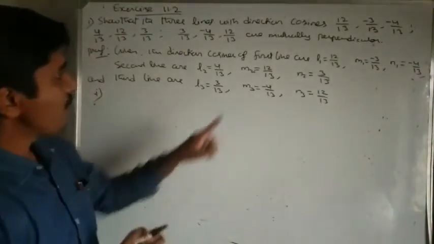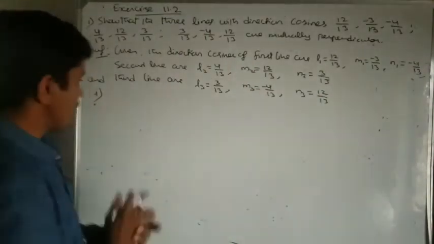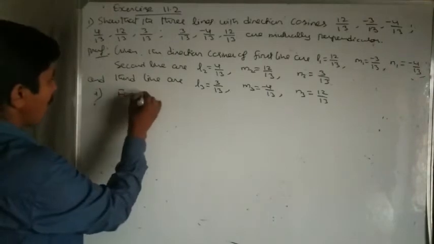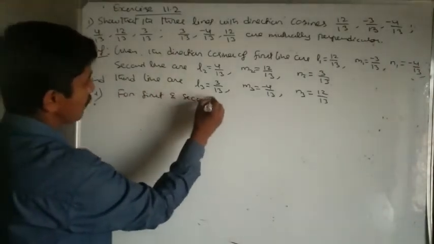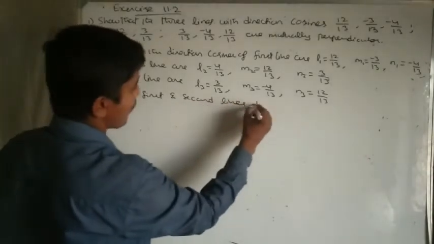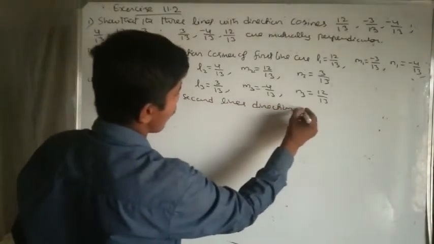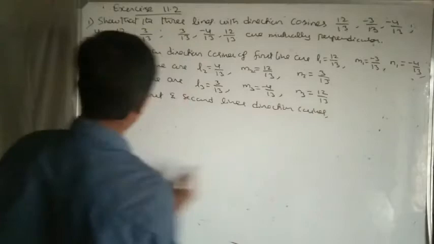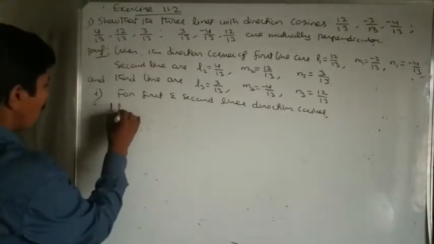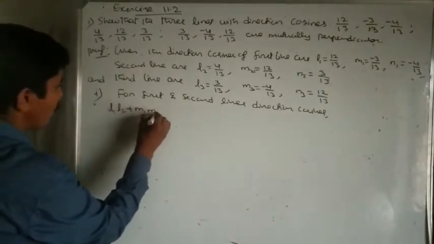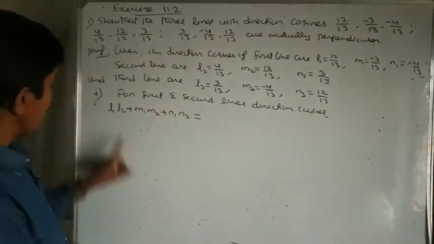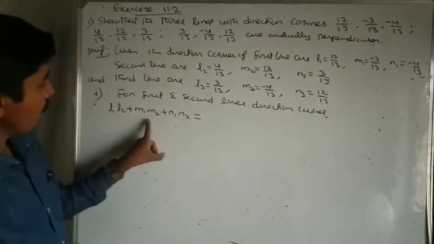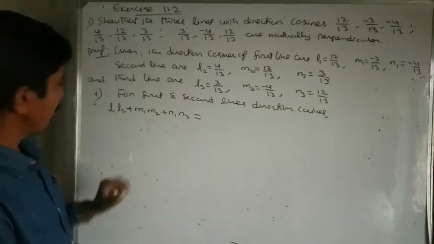Now I am taking first line and second line direction cosines. For first and second lines direction cosines, I am taking directly the condition L1 L2 plus M1 M2 plus N1 N2. Substitute the values. Here we have to prove that this is equal to 0.